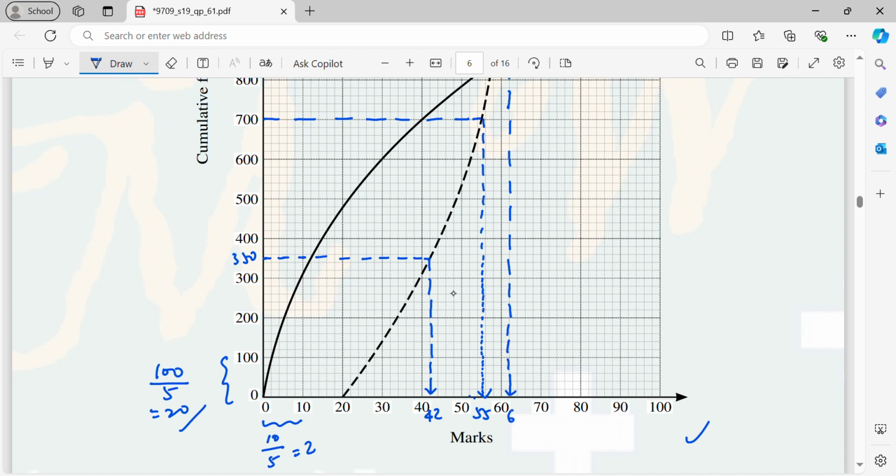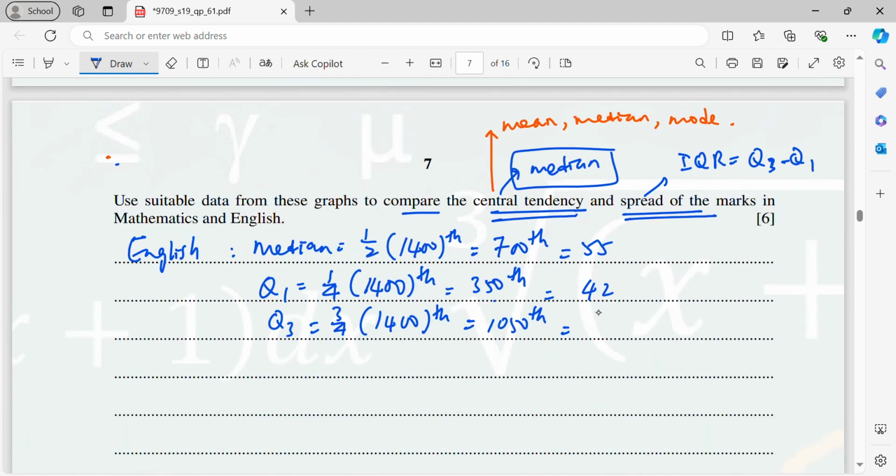Okay, so this is 62. This is Q3. This is Q1. This is the median. So 62, right? So here I will get 62.